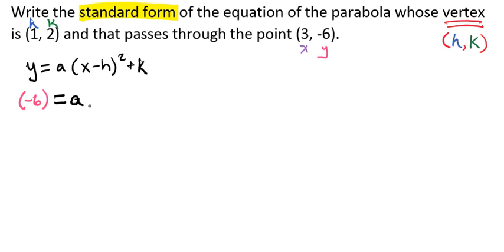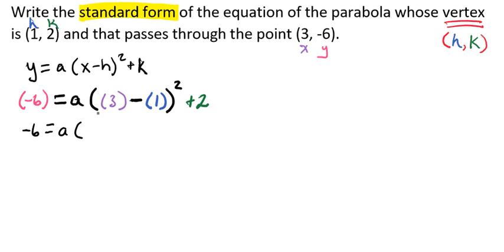We don't have an a value yet, although we do have an x value, which is 3, minus our h value, which is 1. We square that, and then add our k value, which is +2. So we've got -6 equals a times (3 minus 1, which is 2) squared, plus 2. So -6 equals 4a plus 2.